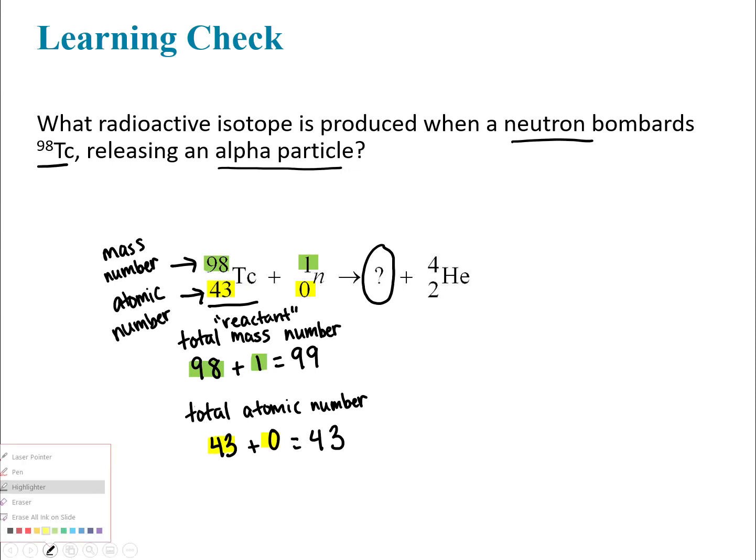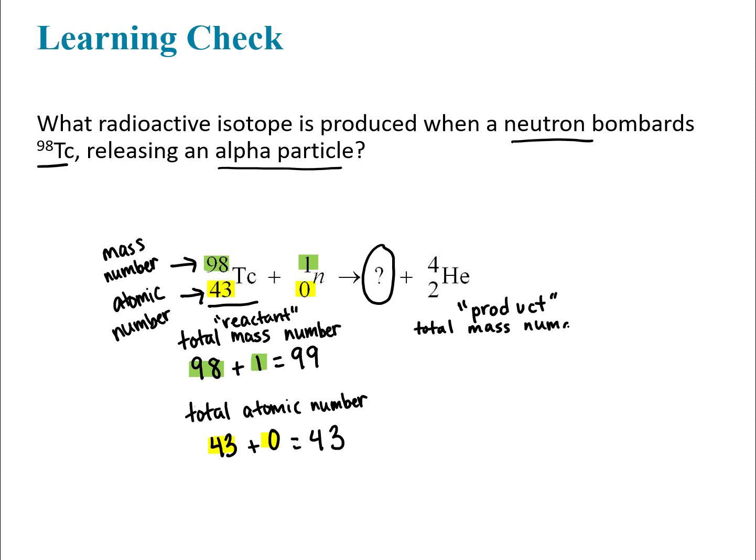So we've got our totals for the reactant side. We need to do the same thing for the product side. And this is how we can figure out what our new element is.